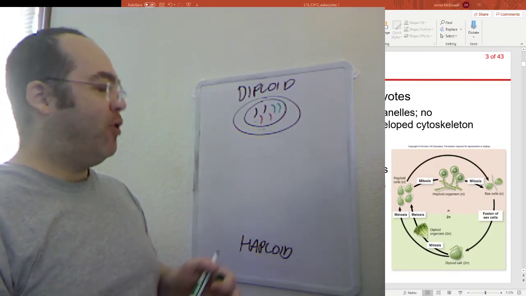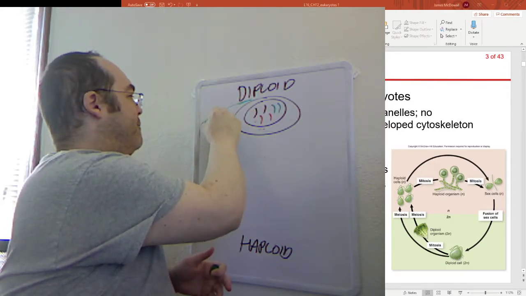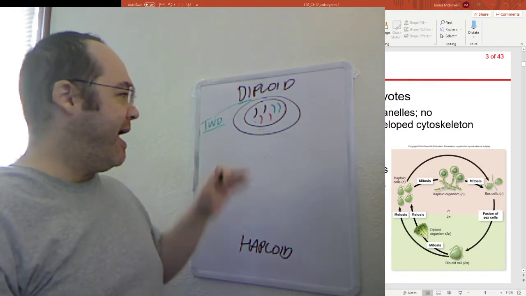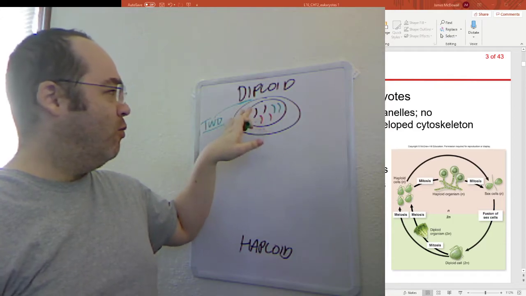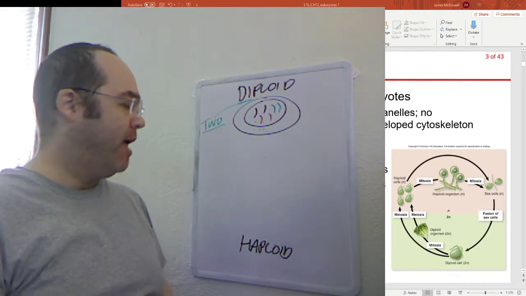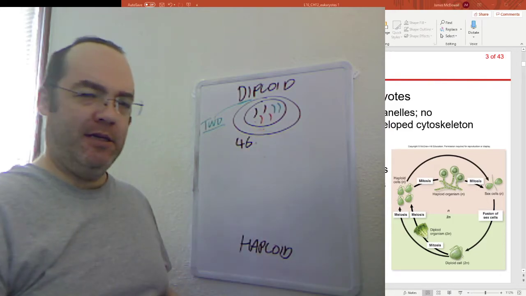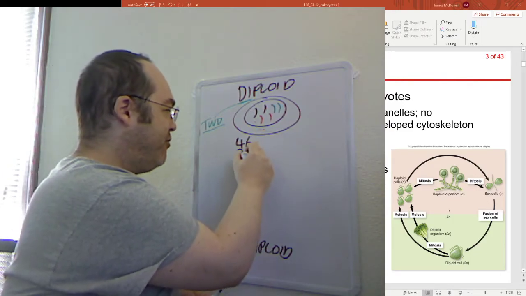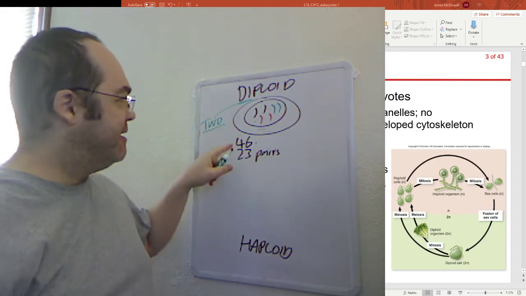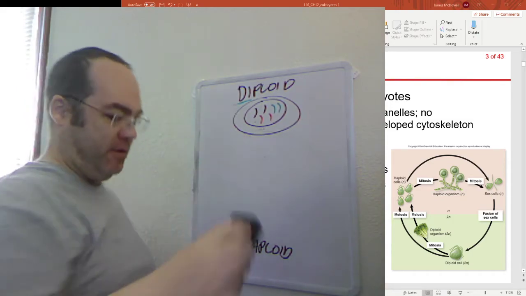So, diploid, di meaning two. So a diploid cell has two of each chromosome. And you may be familiar that you get one set of chromosomes from your mother and one set of chromosomes from your father. So whilst we do have 46 chromosomes, it's best to think of them as 23 pairs of chromosomes. This is the diploid cell, with two of each.